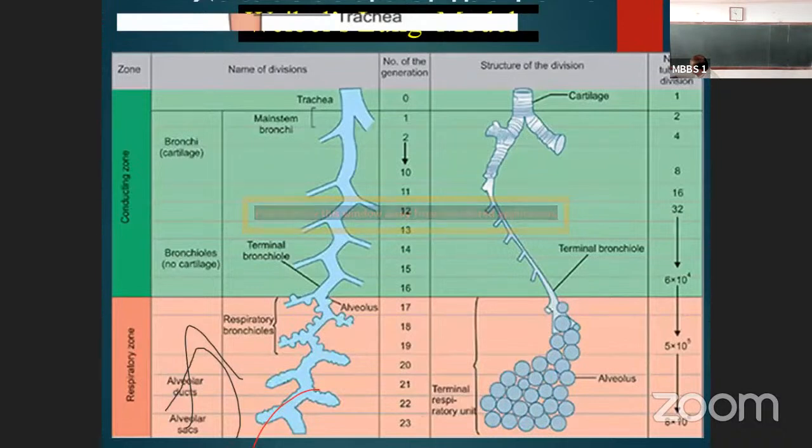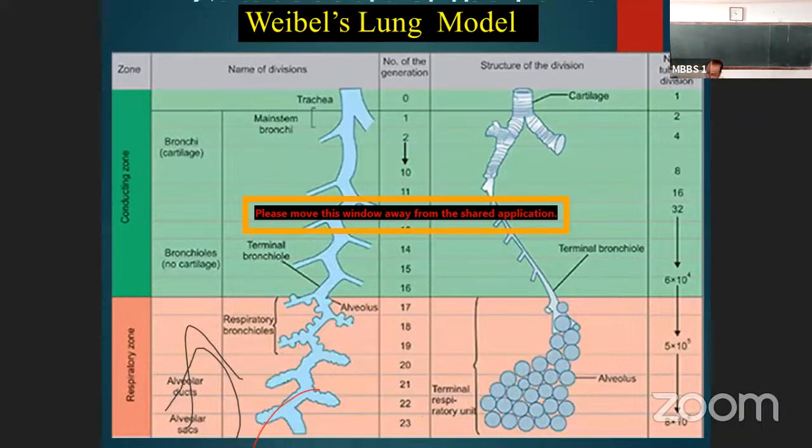Is it clear? So up to this is the conducting zone. From the first generation up to the 16th generation, there is only a conducting zone.